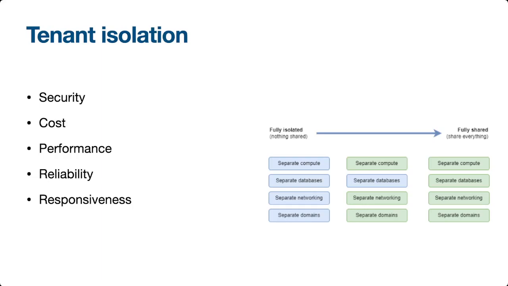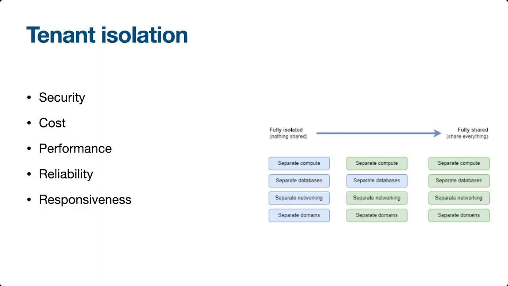Next, from a cost perspective, shared infrastructure can be used by multiple tenants, so therefore it is cheaper. It's a very simple definition there, but it's something that a lot of people sometimes lose sight of. From a performance perspective, if you're sharing infrastructure, your system's performance may suffer as more customers use it, since the resources may be consumed faster.